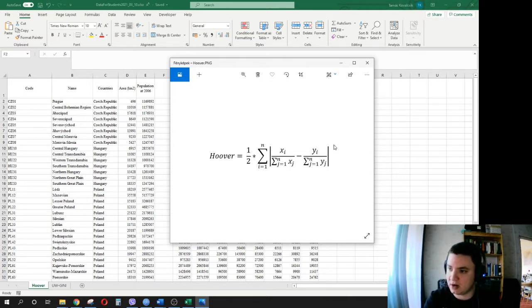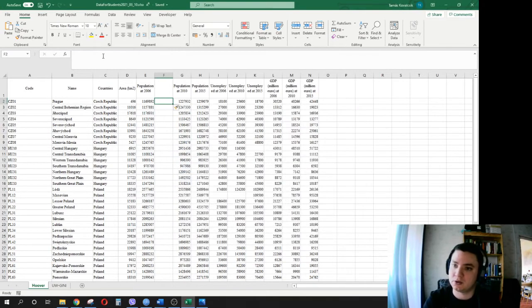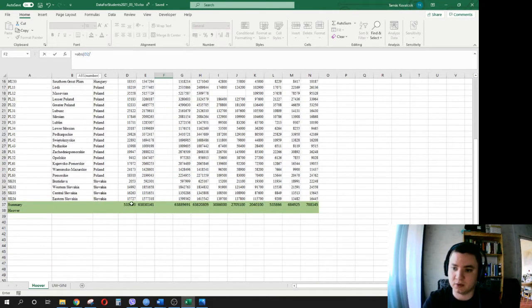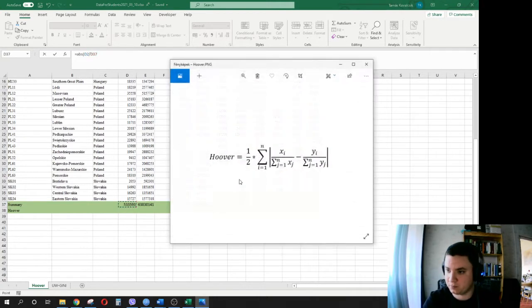The vertical lines mean the absolute function, so we have to use the absolute function first, and bracket, area divided by the summary of the area, because of the formula.